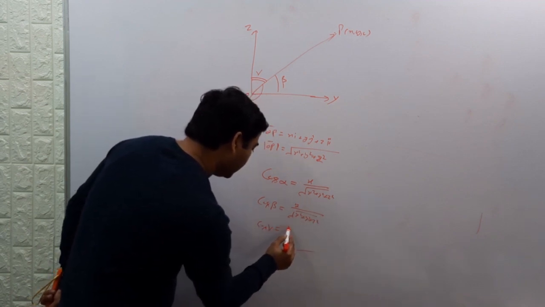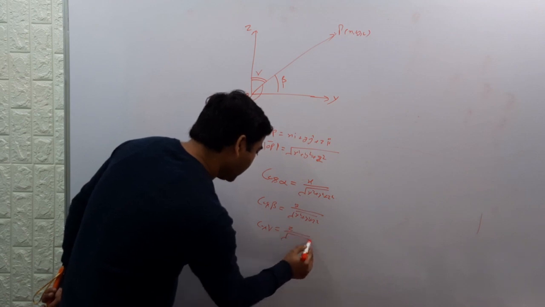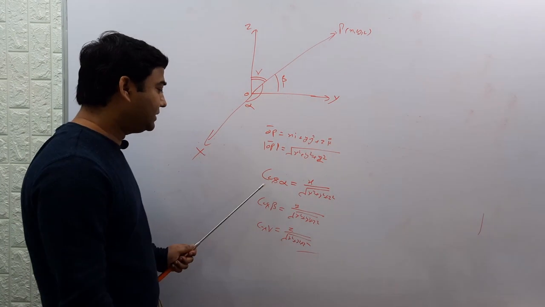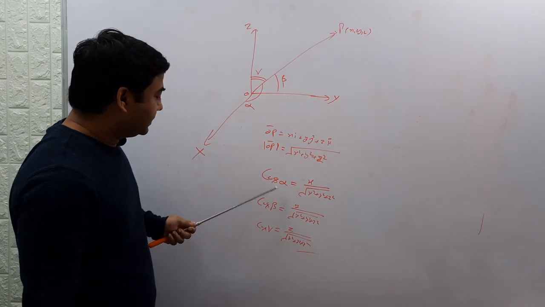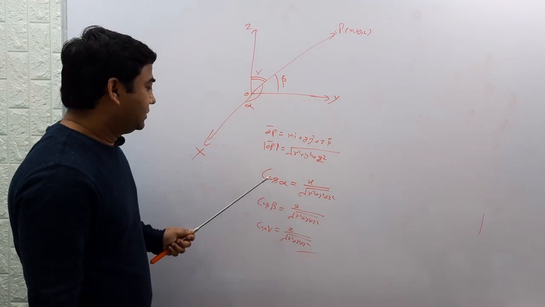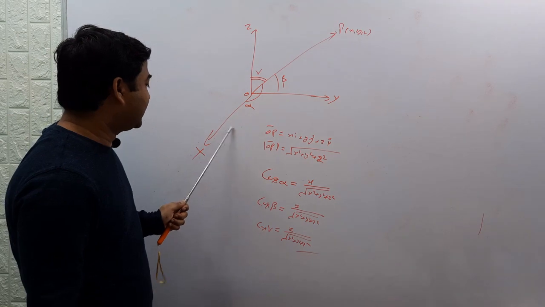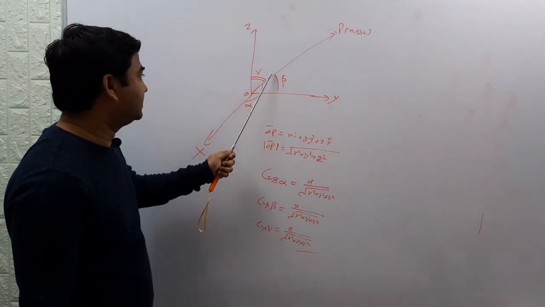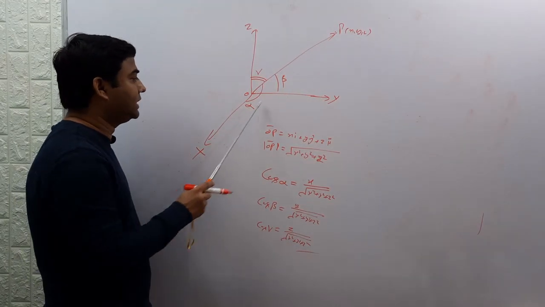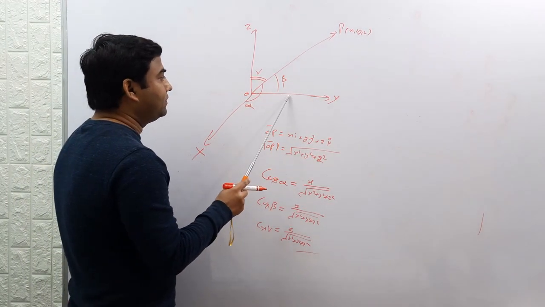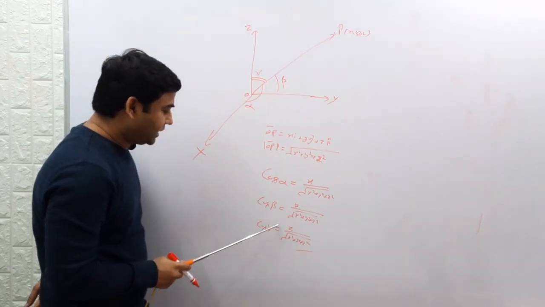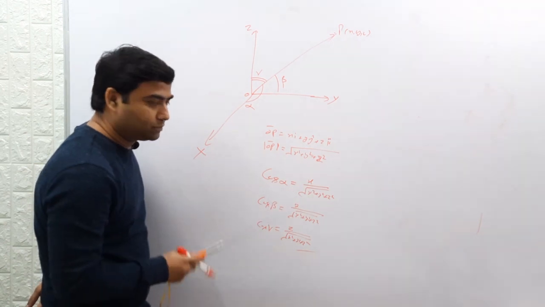Similarly, cos beta is y divided by under root x square plus y square plus z square, and cos gamma is z divided by under root x square plus y square plus z square. These are called the directional cosines of vector OP, making angle alpha with the x-axis, beta with the y-axis, gamma with the z-axis.